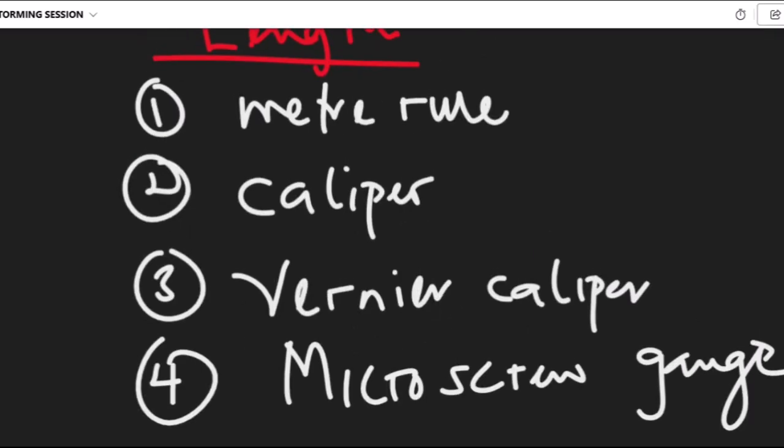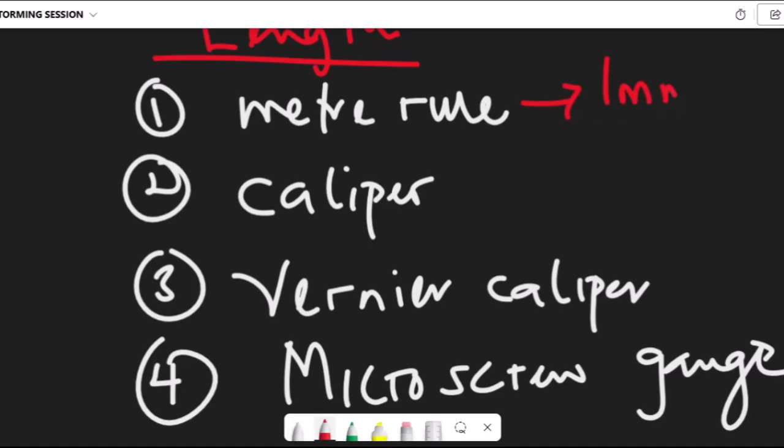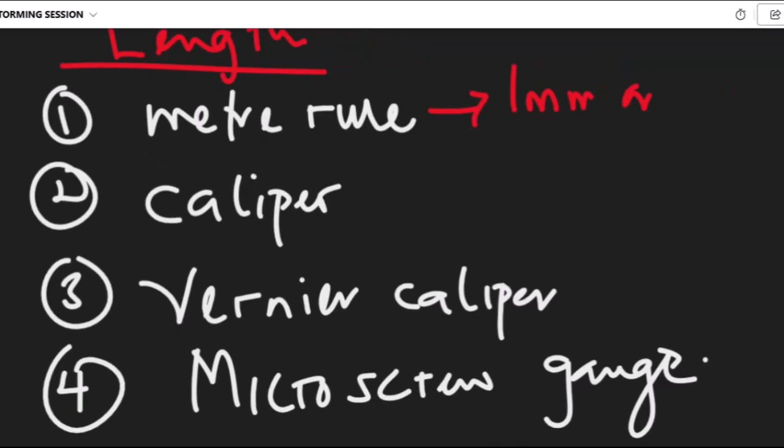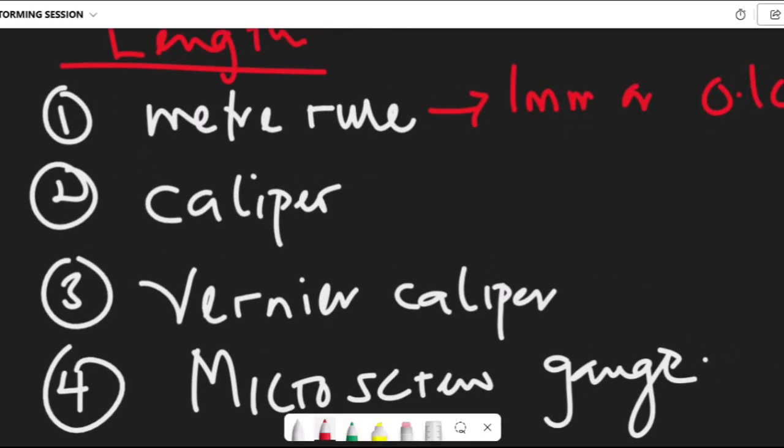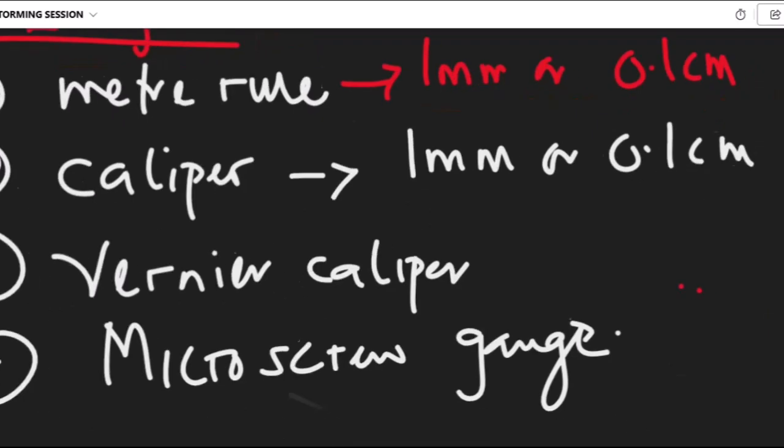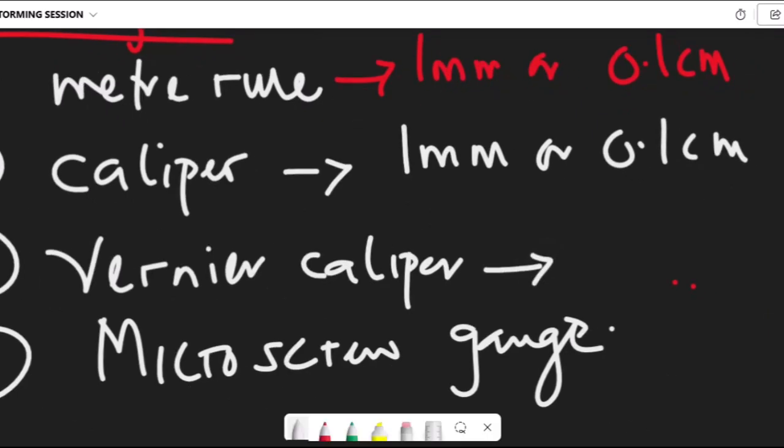And as you can see, these instruments are graduated in different units. For instance, the least gradation for a metal rule is either 1 millimeter or 0.1 centimeter. Our caliper is also similar to the same unit we have for our metal rule. Caliper is measured in 1 millimeter or 0.1 centimeter. Now, when we come to vernier caliper, it is more accurate than your metal rule and your caliper.